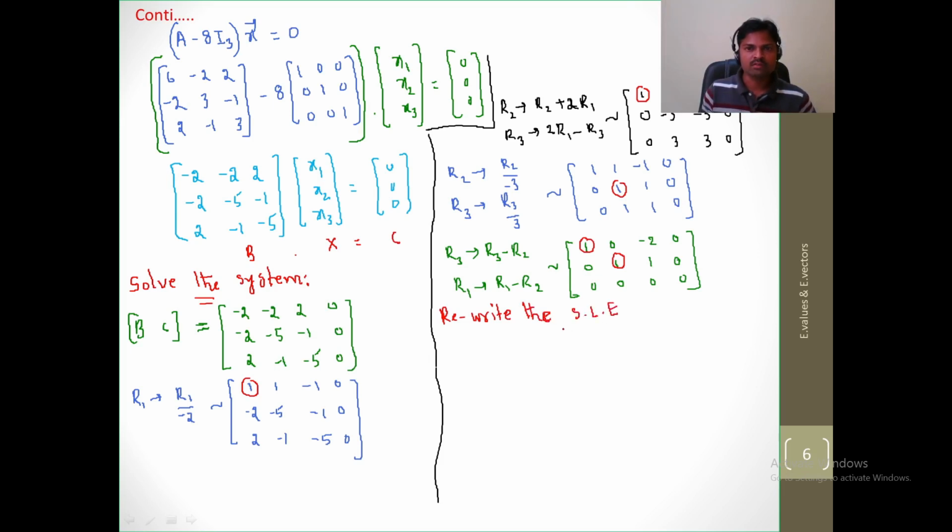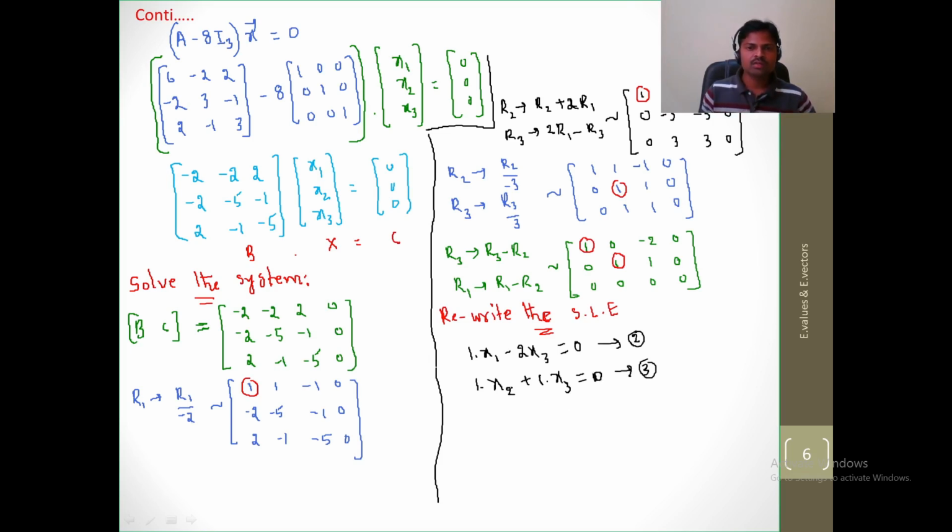Writing the system of linear equations: first, 1 into x1 minus 2 into x3 is equal to 0. Next, 1 into x2 plus 1 into x3 equal to 0. Since 1 is already used, call these number 2 and number 3.